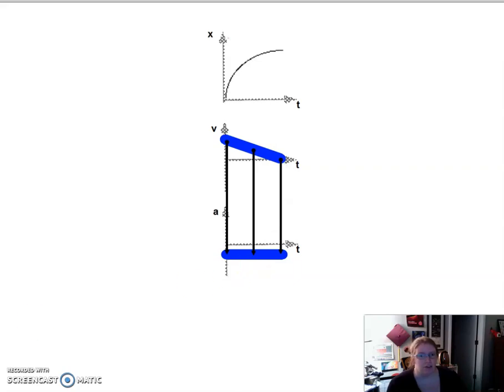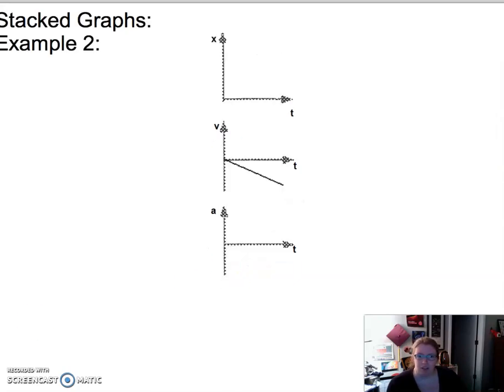So then I have another example for you. And this one, we're actually starting in the middle. We're starting with the fact that we know the velocity time graph starts at a velocity of 0 meters per second, and then it becomes negative. Okay, you can do this.